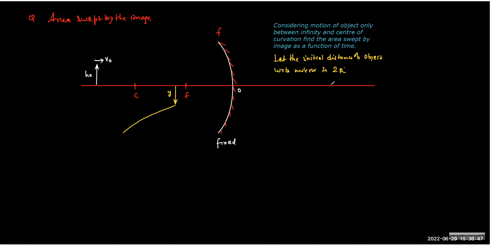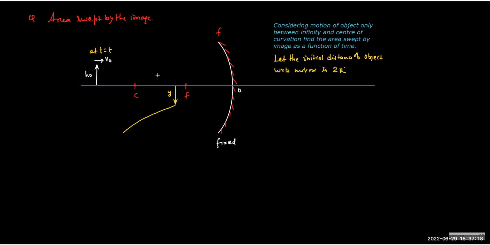Now we cannot believe that the tip will always move linearly. So we cannot say there is a linear relationship between x and y, the object distance and the image distance. So if the initial distance is 2R, then after some time t, the object must have traveled v naught t. So what is the distance from the pole of the mirror?